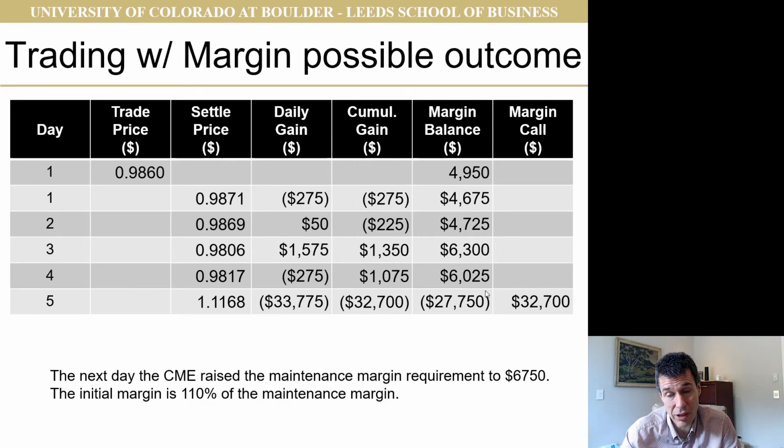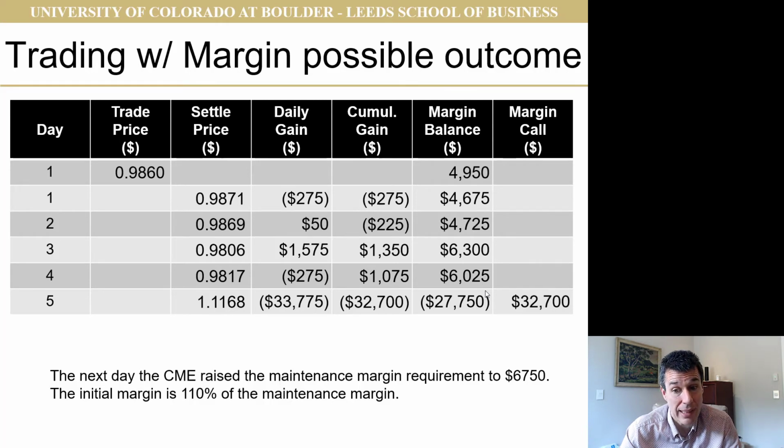Because they started with 49.50, the total losses with 32,700. They pay the 27,750 net. They've paid out 32,700. If they cover all of their losses, they haven't met the margin call. They couldn't pay 32,700, but they cover their losses. They don't make the full margin call. The broker closes out their position, and everybody goes away relatively happy. Well, this investor is not happy, but the investor on the other side of this contract is happy because they've been paid.